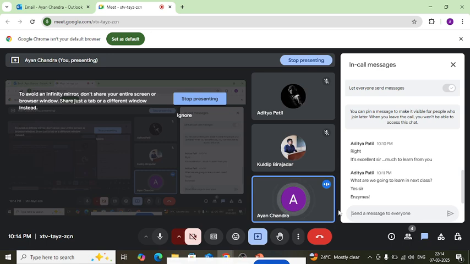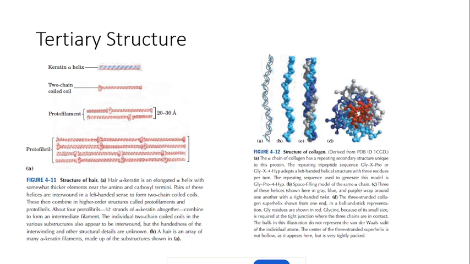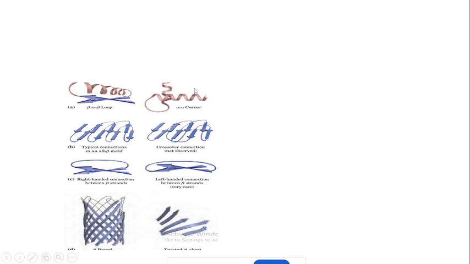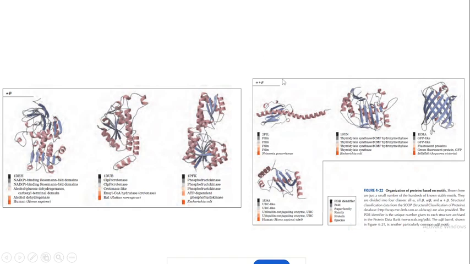So just to wrap up today's session, last week we studied the tertiary structure and the motifs of a protein and the domains: all alpha, all beta, alpha slash beta and alpha plus beta, right? These are the domains which are important for the protein function, right?